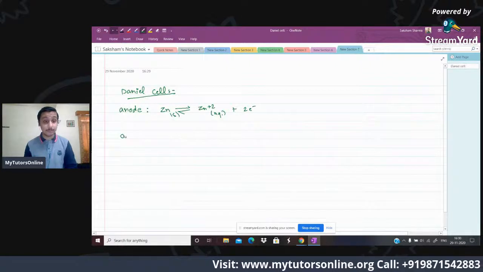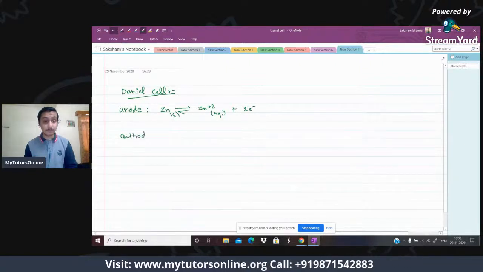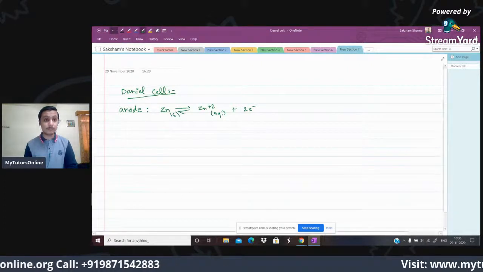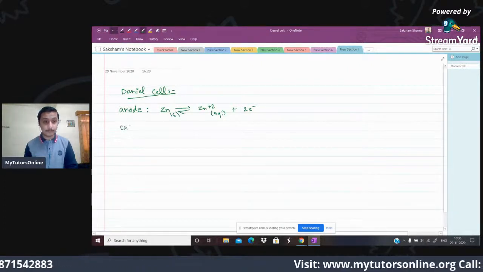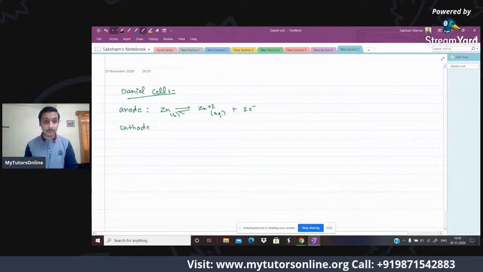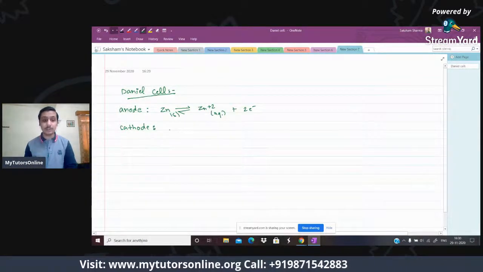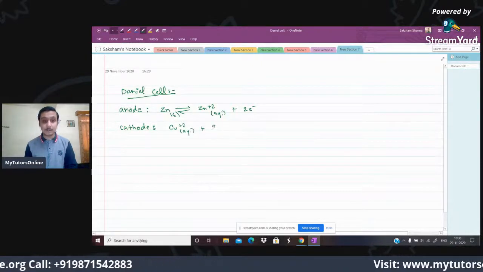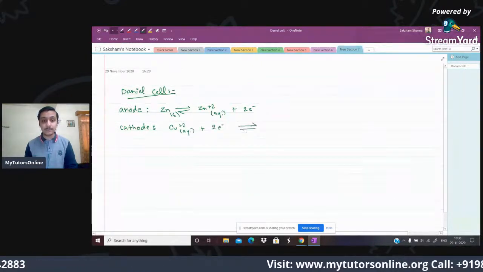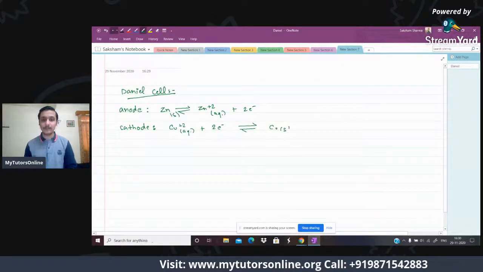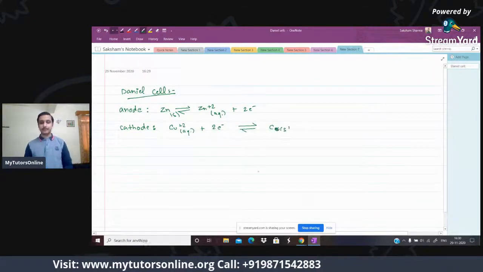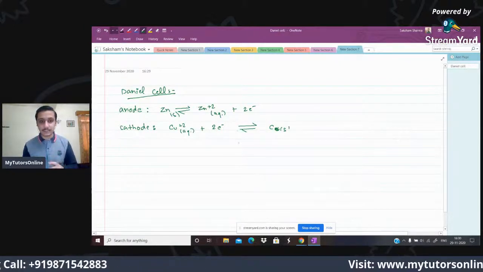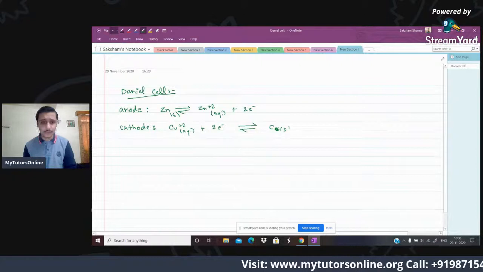And at the cathode, you have your reduction half reaction, which is something like this: Cu2+ in aqueous state plus 2 electrons gives you copper in solid state.